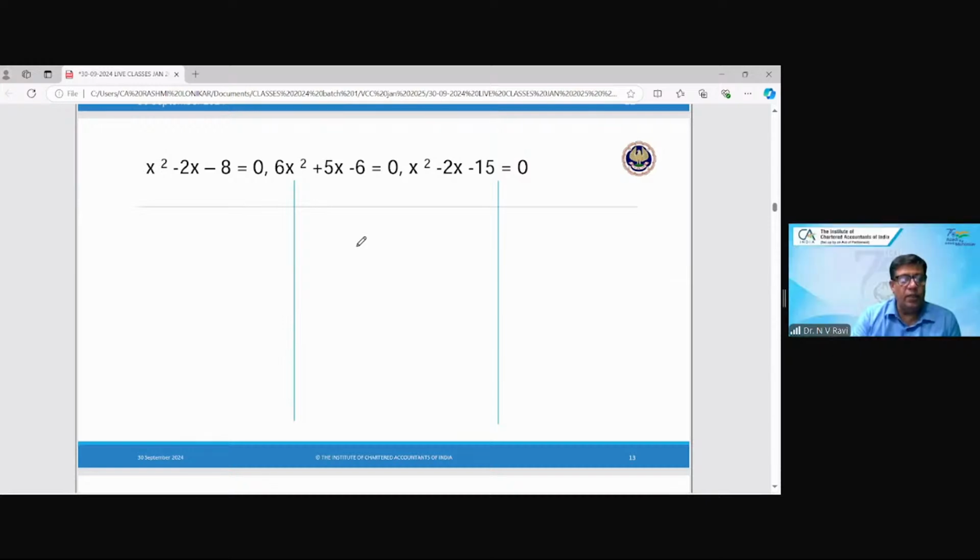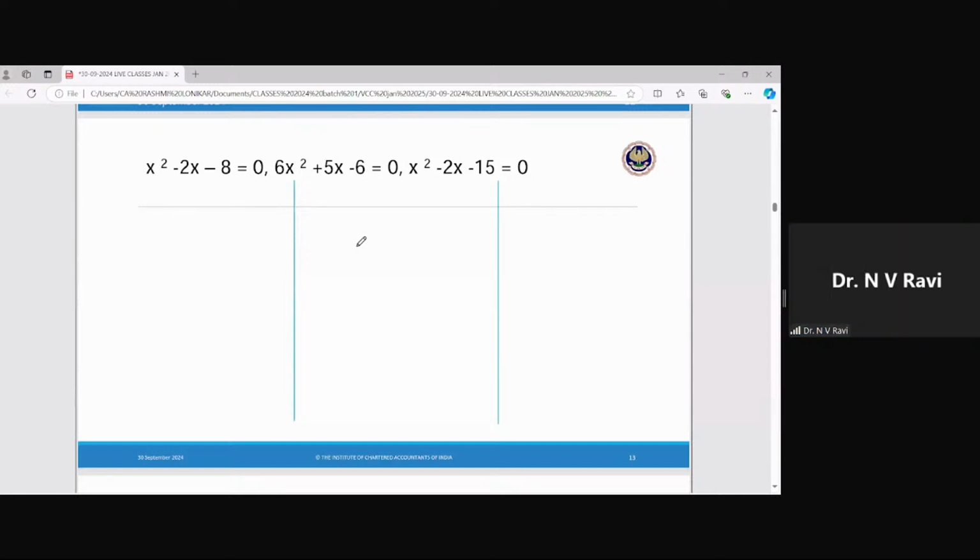Yes, students can understand those examples, and based on these examples, we can identify the nature of the equation, whether they have real or irrational or rational roots, and equal roots. Yes, that is the main objective of finding these equations.